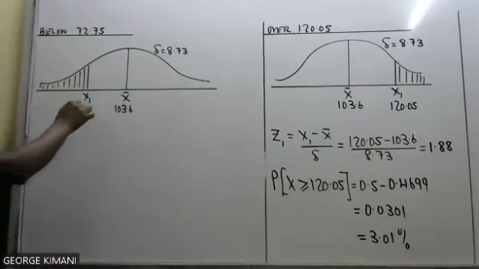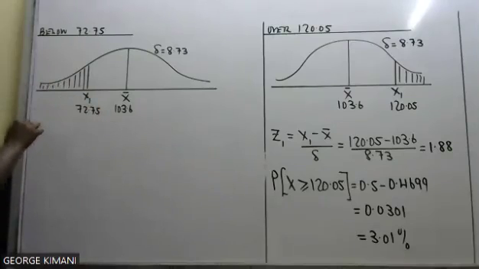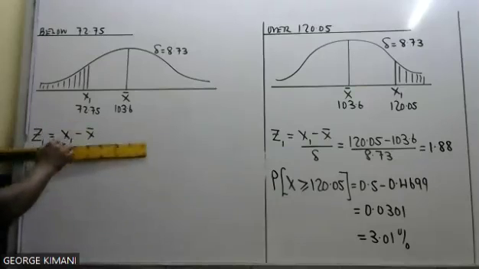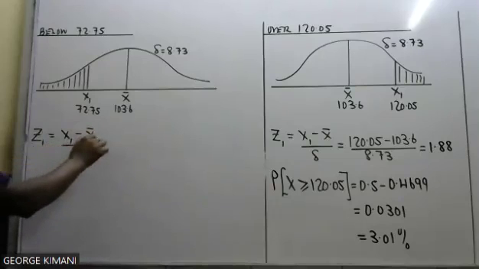This is 72.75. So Z1 is X1 minus X bar, you divide by standard deviation.